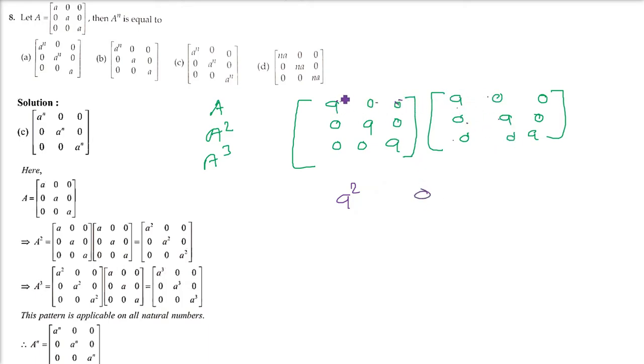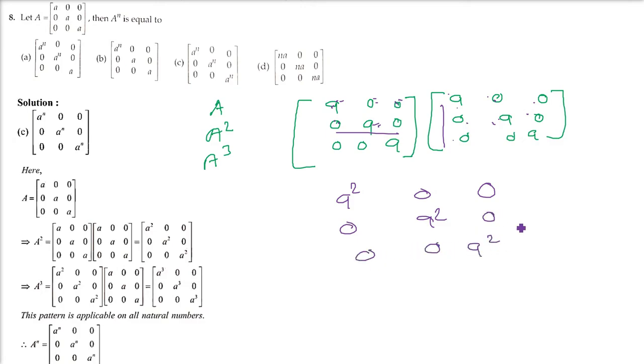Now first row, third column: A into 0, 0 into 0, 0 into A, all 0. So there is a proper pattern. Now second row with the first column: 0 into A, A into 0, 0 into 0. Now second row with second column: 0 into 0, A into A is A squared, and 0 into 0. So this is what you are going to get.